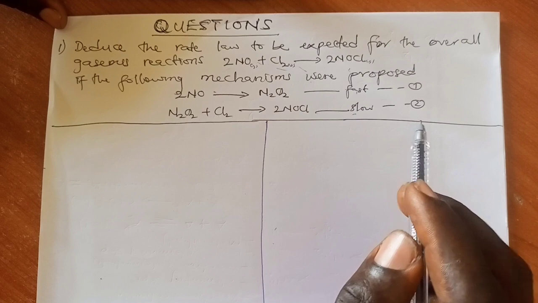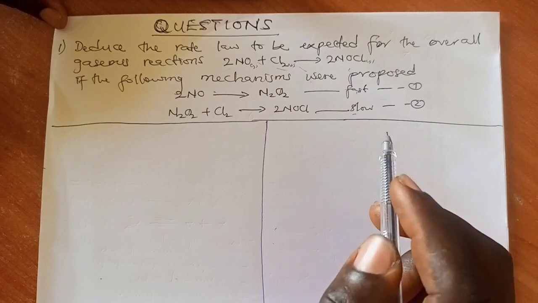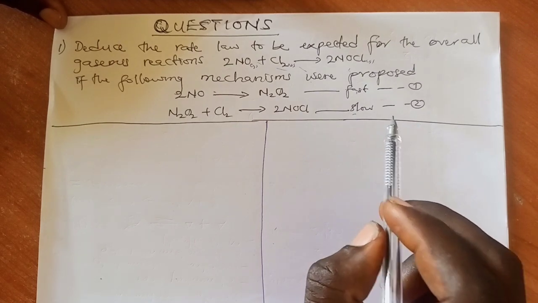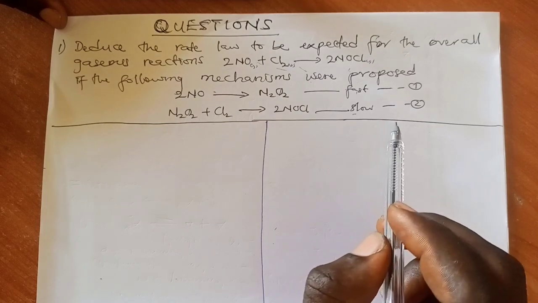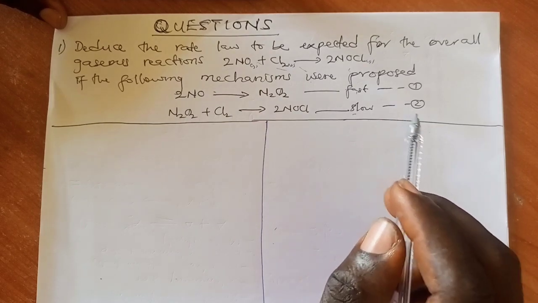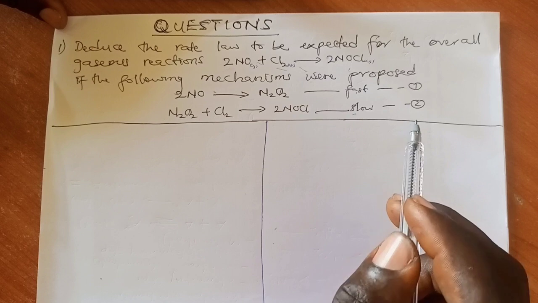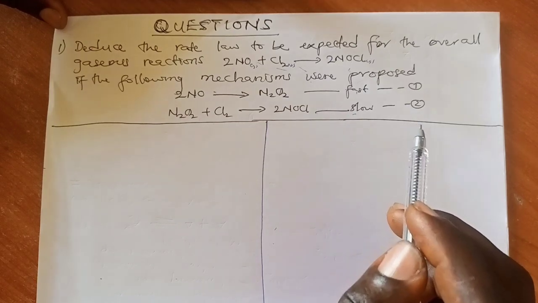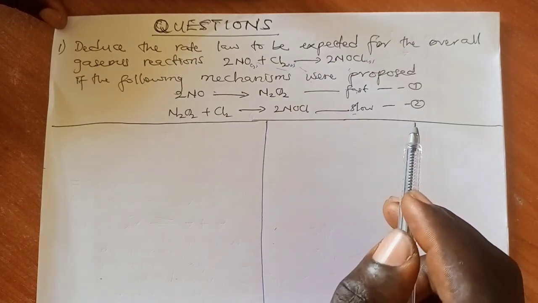And also note that even though it is a general law that the slowest step of the mechanism gives you the rate determining step, there are other ways questions can be set to confuse students.